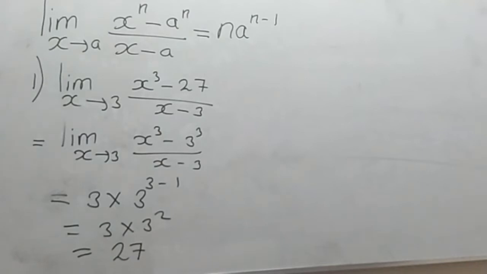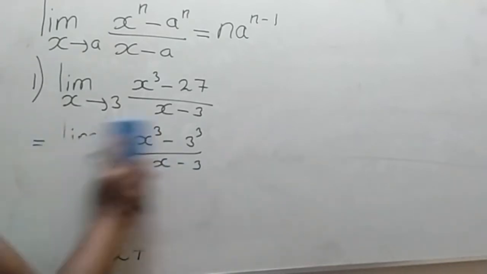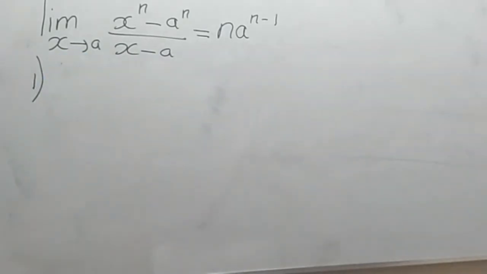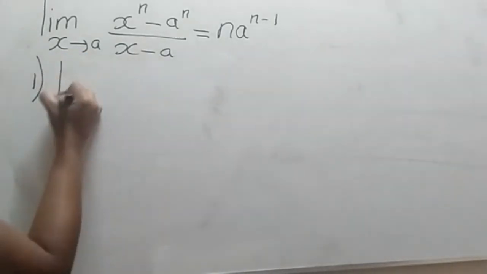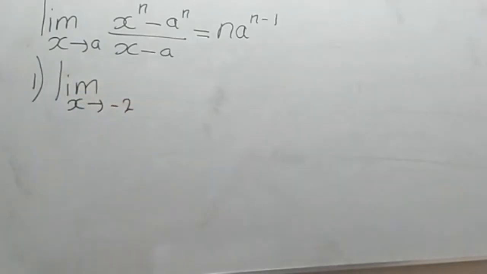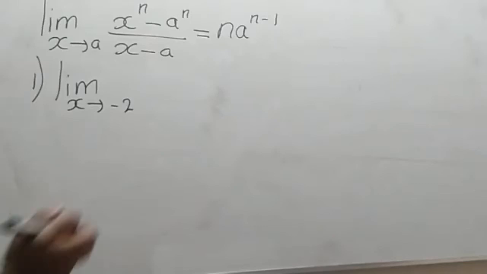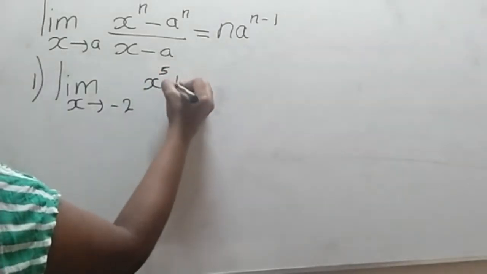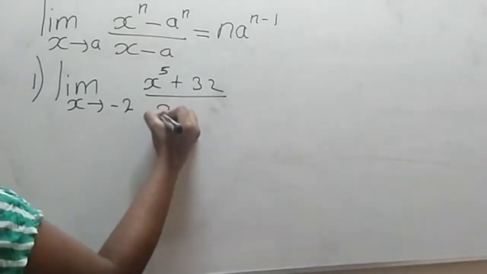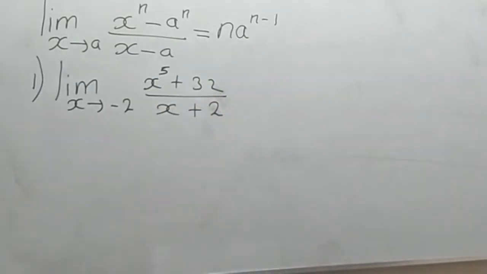Okay. So next question. We are going to see how to use this theorem. Limit of x tends to minus 2, (x to the power 5 plus 32) divided by (x plus 2). So first of all, how you should think is how to get this into this form.